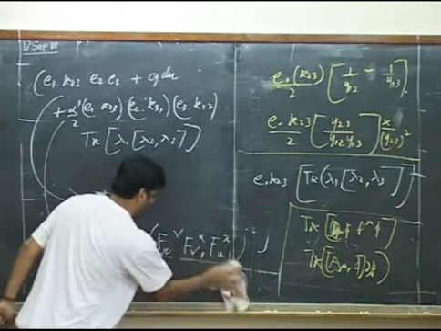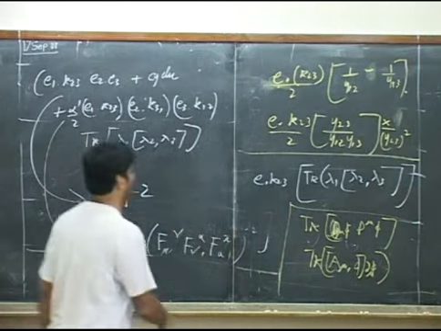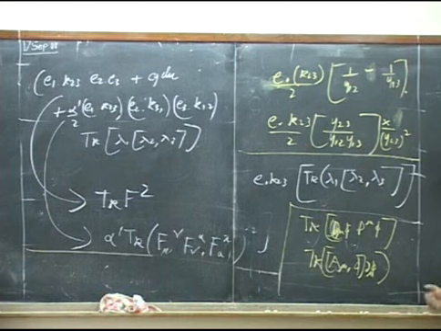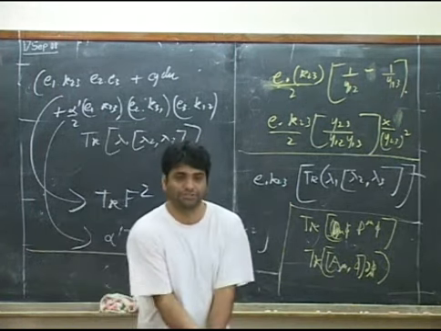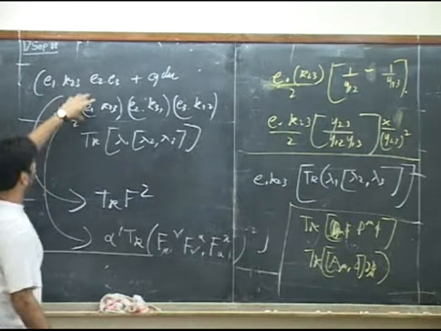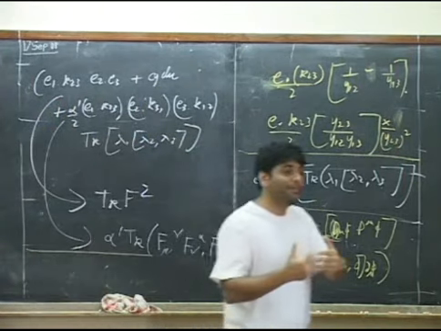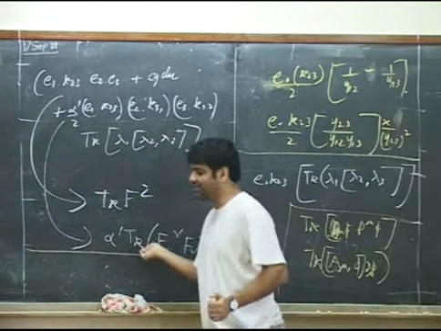Read how the page goes on, and try to convince yourself that what you get from here is exactly what you expect from the ordinary expansion, and what you get from here is some higher order term in string theory.